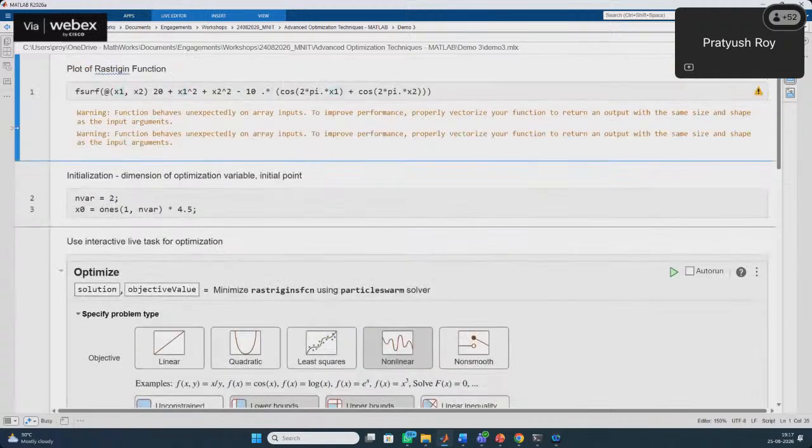So I'm running this. It will take some time for the optimization routine to run. Since it's a fairly complicated plot, it takes some time to generate the graph for this.